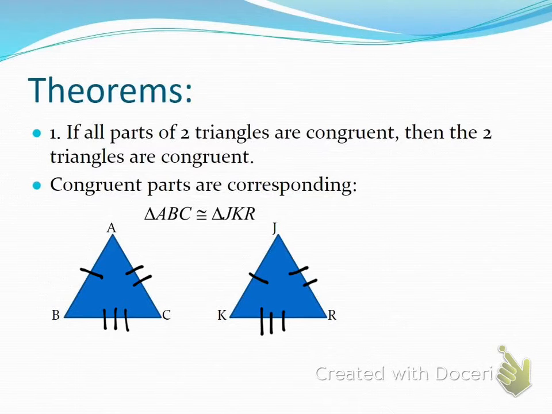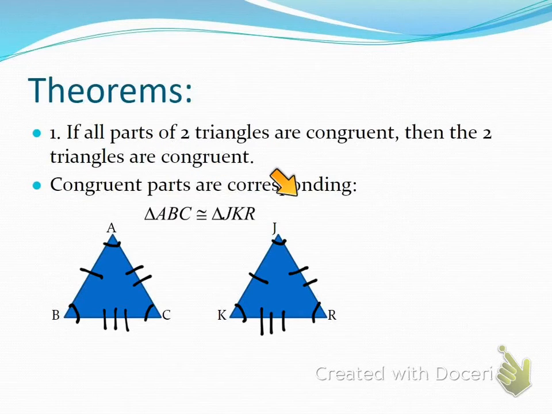Those three sides, they each have a corresponding part. Then angle A is congruent to angle J, angle B is congruent to angle K, and angle C is congruent to angle R. So if all of these 6 things are true, the 3 sides and the 3 angles, then the 2 triangles are congruent. Okay? That means they're the same.